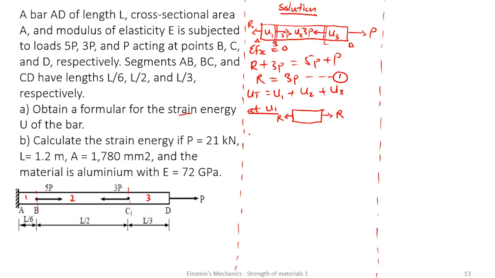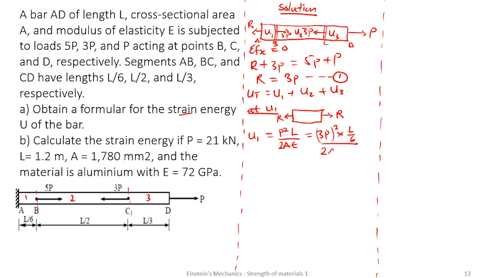So my U1, we know that U1 is always the force squared times the length over 2 times the area E. But here my force is 3P, 3P squared, and what's my length for AB? L on 6.